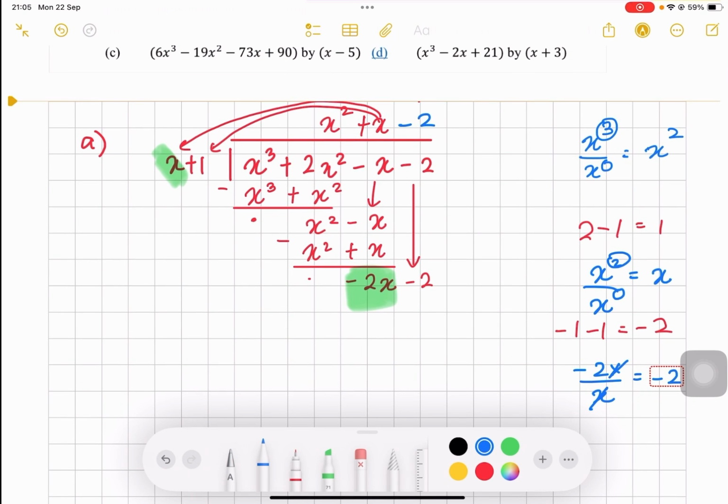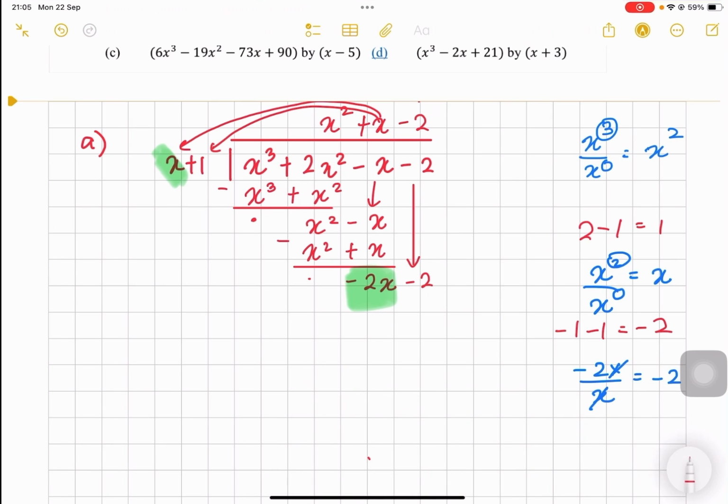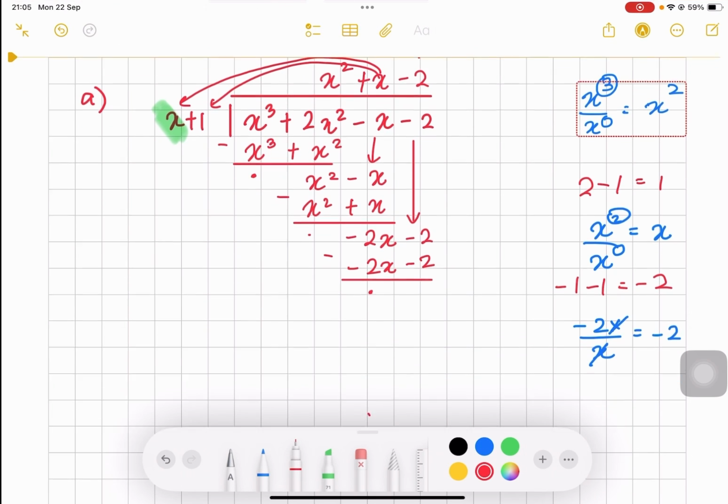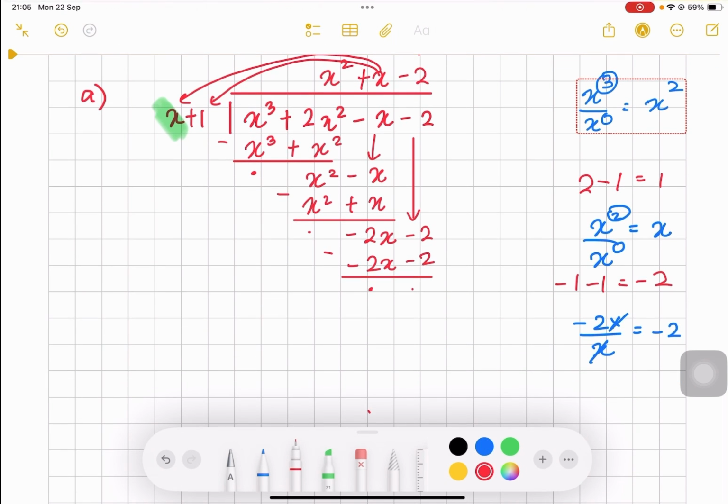Put negative 2 here, negative 2 times x, negative 2x, negative 2 times 1, negative 2. Negative 2 plus 2 becomes 0 and also 0 here. So our quotient is x squared plus x minus 2.